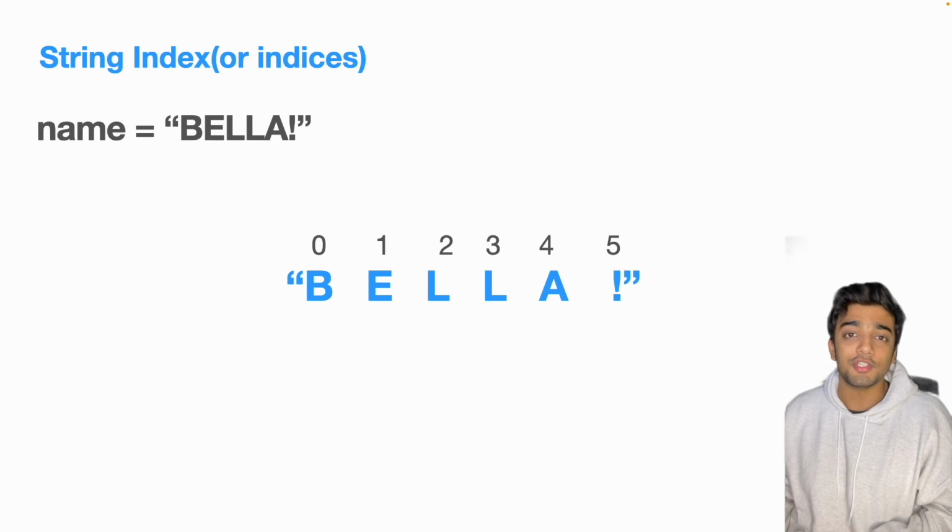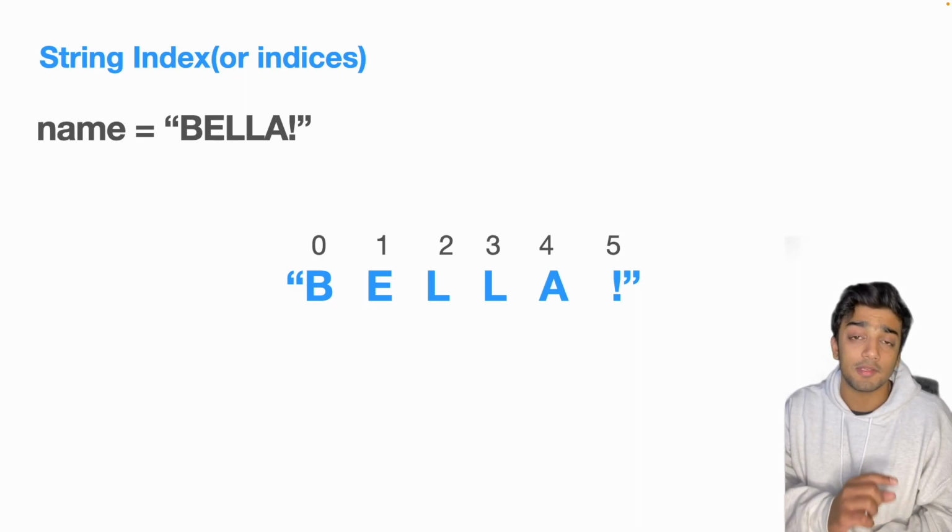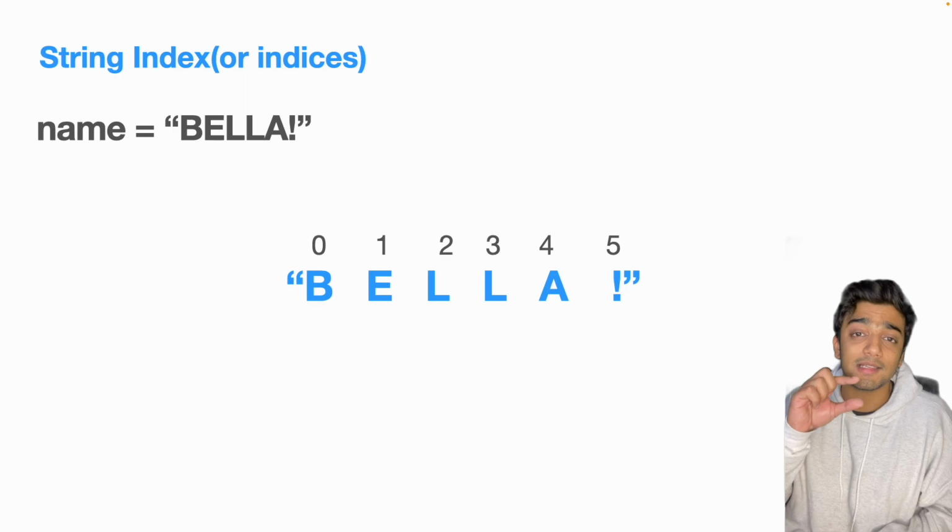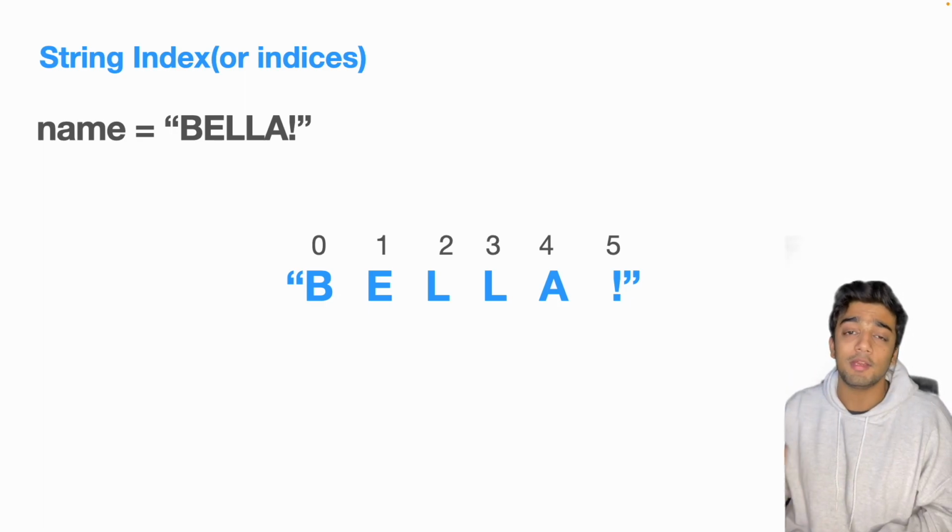So as a rule, whenever you want to determine the location of a character in a string, you always start counting from the first character of the string with the index 0, and then you go up to the last character. And that's why we have the numbers 0 through 5 in the index of the string Bella with an exclamation mark.